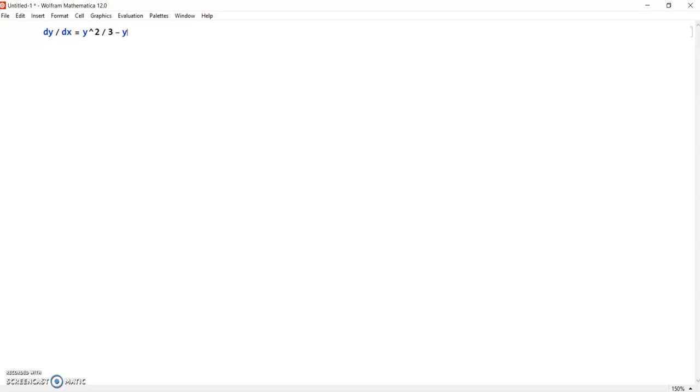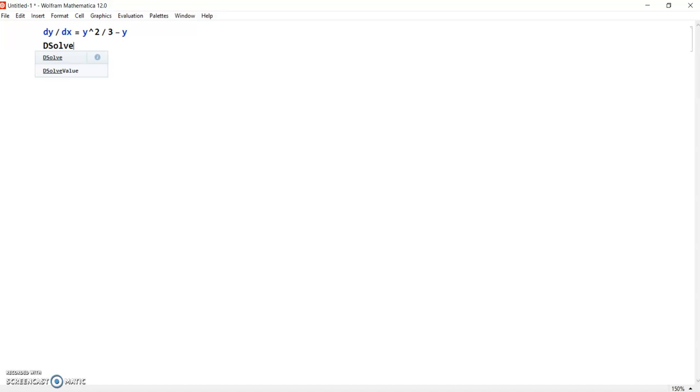So suppose we want to solve this equation using Mathematica. There are two ways to solve it. One is to just use the built-in function, which is DSolve, and that will directly give you the answer. So the function is DSolve.